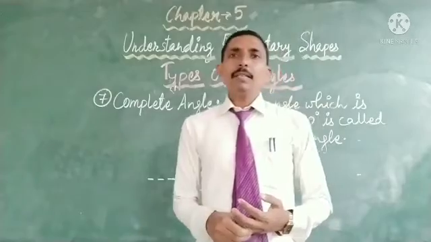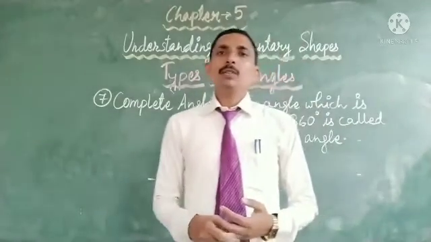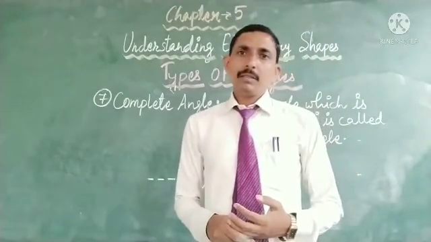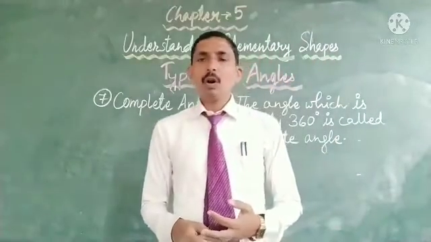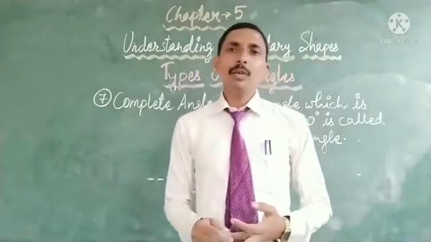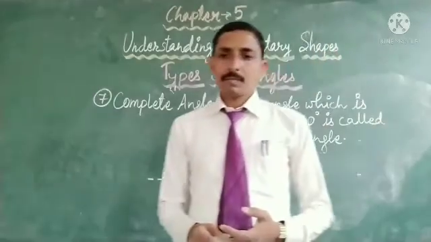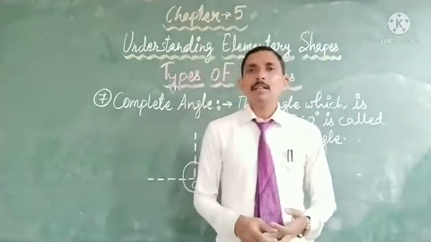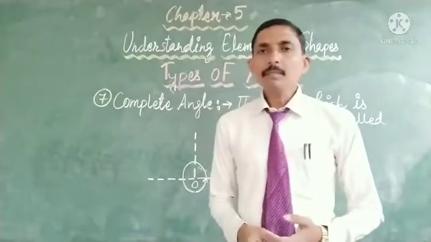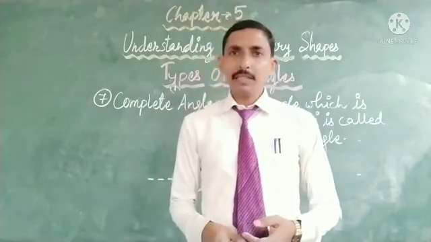Next one is acute angle. The angle that lies between 0 degree to 90 degree is called acute angle. So all the angles that lie between 0 degree to 90 degree are called acute angles. Now right angle. So what is right angle? Right angle is the angle whose measurement is exactly 90 degree.